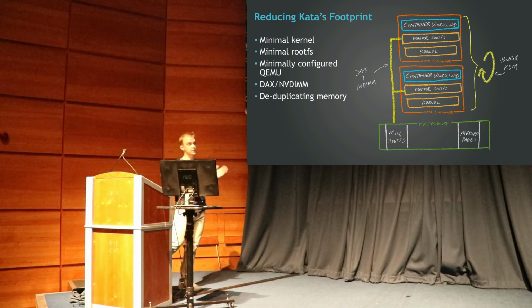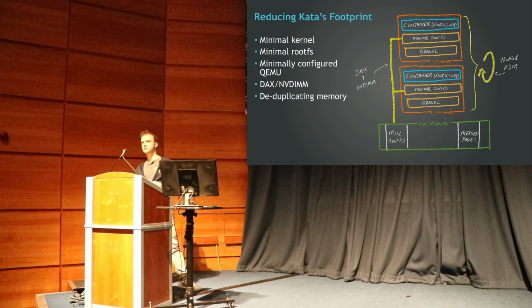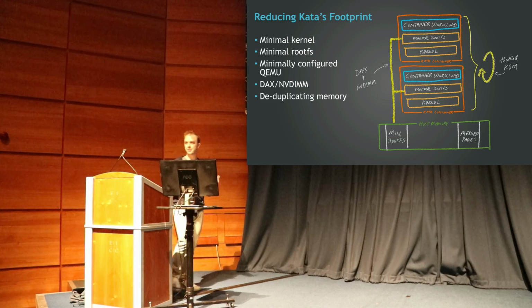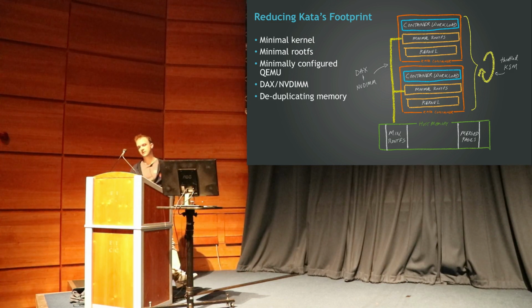So what we do is we use DAX for that, and then we also mark it for nvdimm. And doing that is essentially saying, QEMU, please, guest, don't cache this. Just use the host page cache instead. So then everybody is utilizing the same bits off of the host. This saves a good amount of memory. While we try to minimize rootfs, this is now amortizing the cost of the rootfs. So the more containers we have, the cheaper it is, effectively.